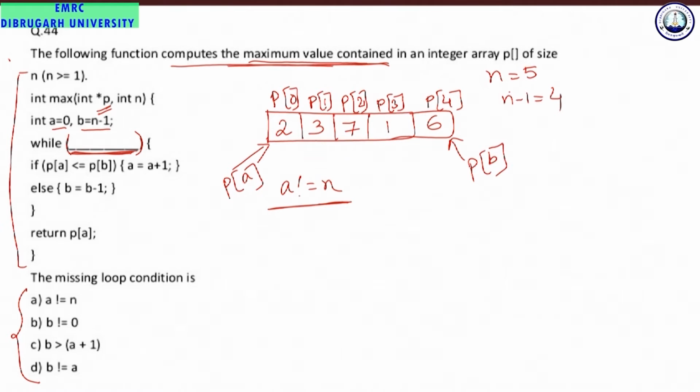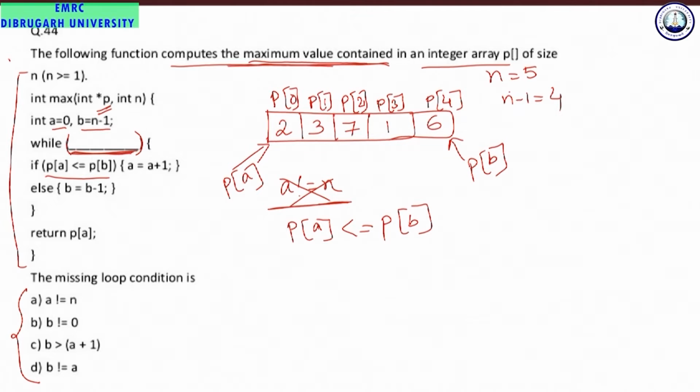Now just forget about this one right now, just think about a normal logic to find the maximum value in a given integer array. What is the condition they speak of here? Here it is p of a less than equal to p of b, right.